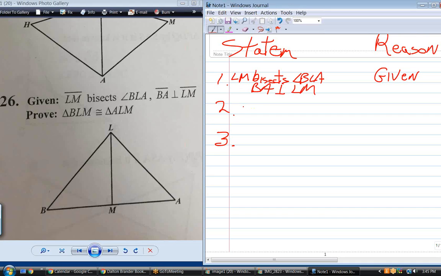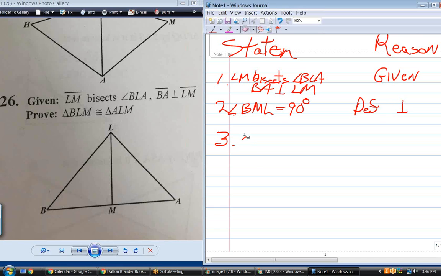I think a formal proof is angle BML equals 90 degrees. Definition of a right angle. Definition of perpendicular. Statement 3 is, in fact, there's a theorem that when two lines are perpendicular to one another, it creates all right angles.